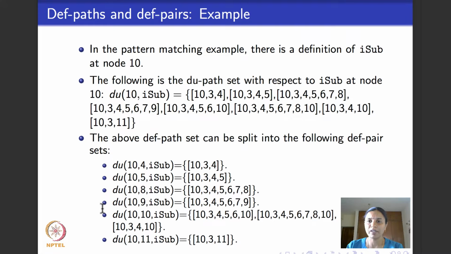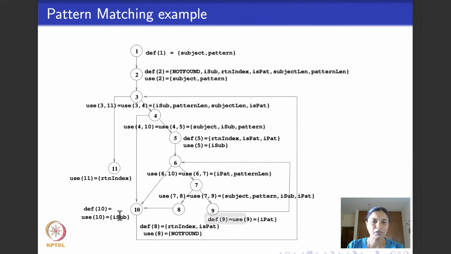That's the variable that I fix. There is a definition of this variable I sub at node 10. What is I sub? If you remember in the code, it's an index that runs over the subject, and tries to pattern match every character in the subject with the corresponding character in the pattern. So here is a definition of I sub.